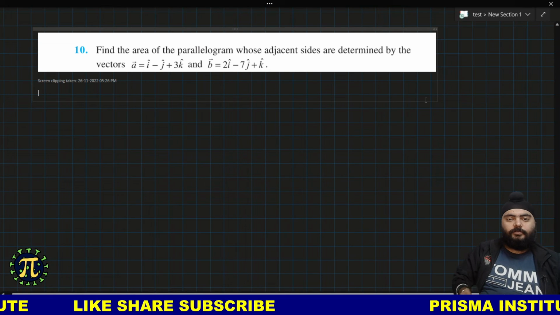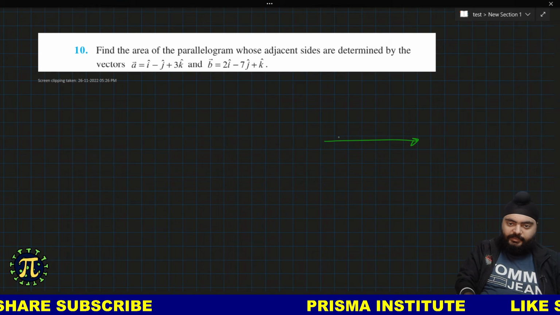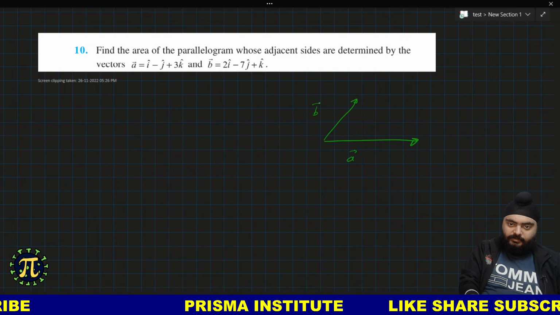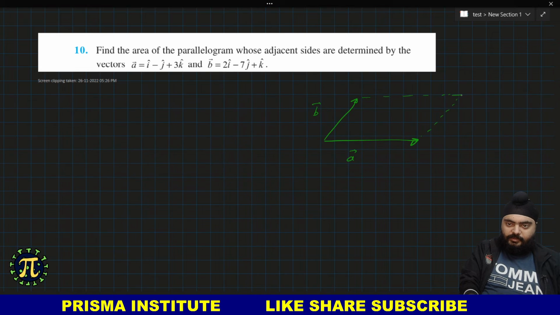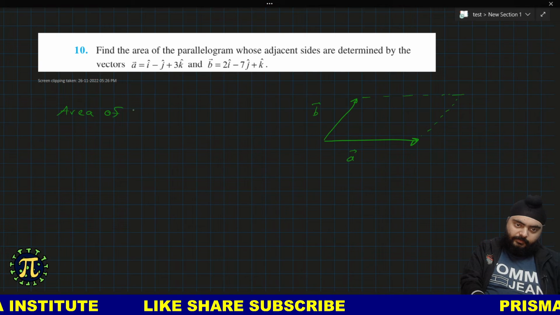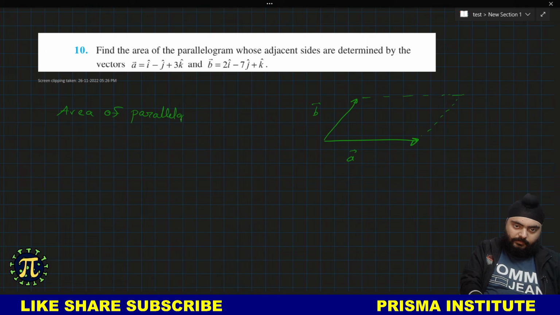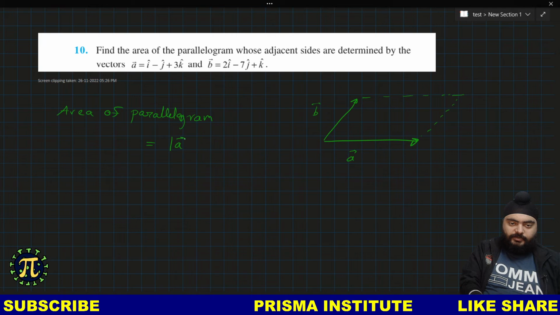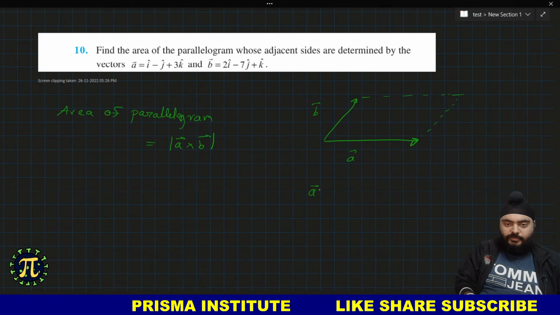Find the area of the parallelogram whose adjacent sides are determined by these two vectors. So two adjacent sides are given, A let's say and B, right. A vector and B vector, and we defined the area of the parallelogram in the last lecture, right. For the area of the parallelogram, what can we do? Magnitude of A cross B, take the cross product of the two adjacent sides and find its magnitude. So let's find the A cross B vector first.